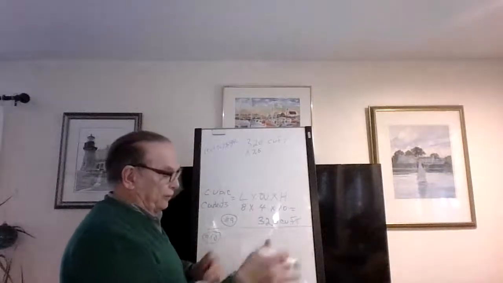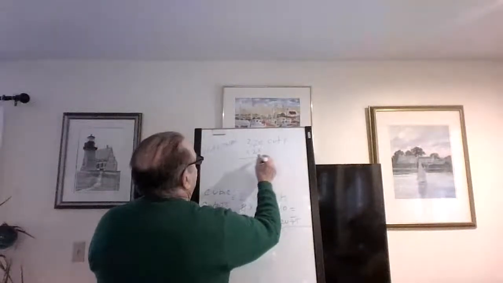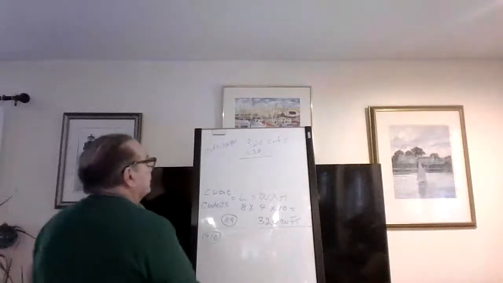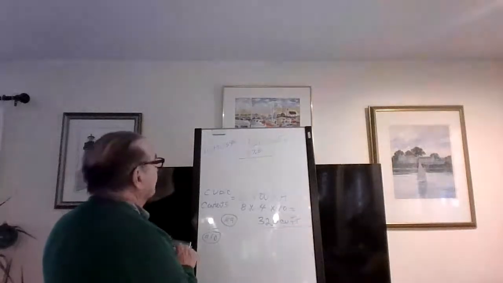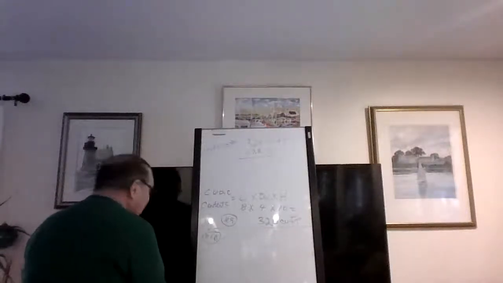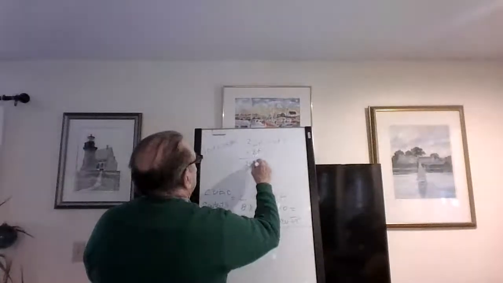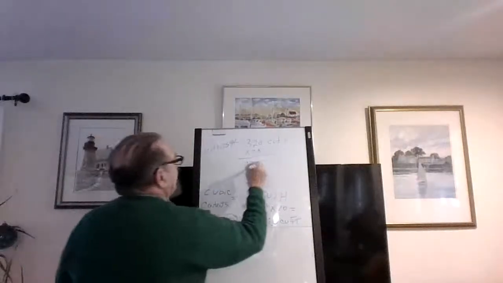So if you take a cubic foot and you had a 1 gallon pail, it would take 7.5 to fill it up. So 320 times 7.5 equals 2,400 gallons.